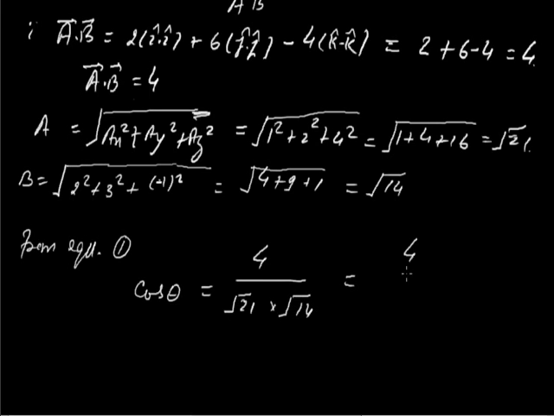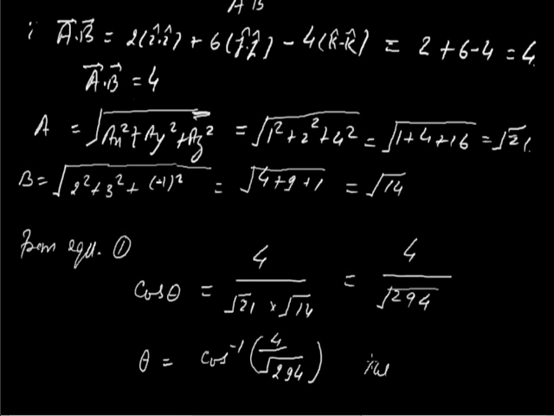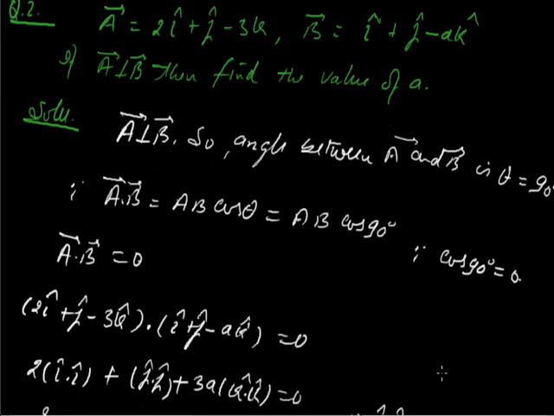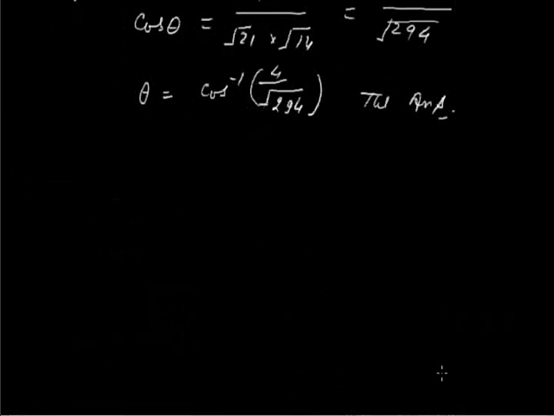That's 4 upon square root of 294. Means the value of theta is cos inverse of 4 upon square root of 294. The required answer.